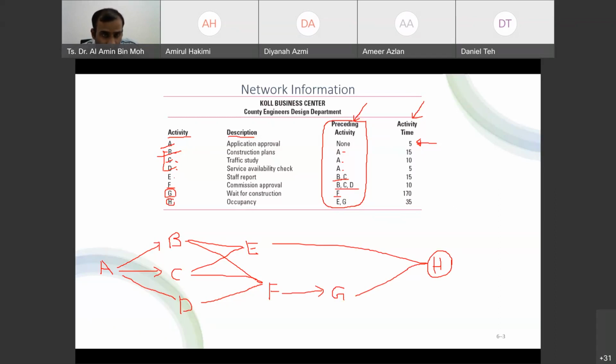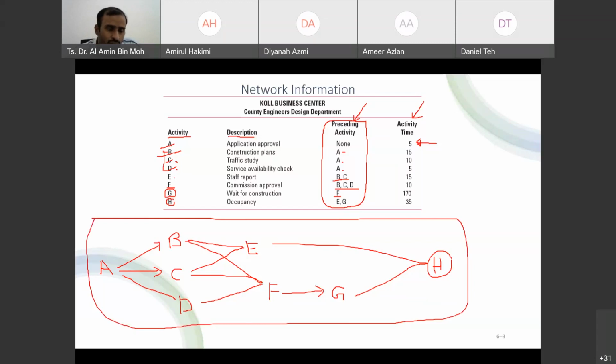If you couldn't do this first step, it's a total mess up. You can't continue further with the other analysis. So make sure you understand how to construct this, basically by referring to the preceding activity. This is an initial sketch for you to get to know what the flow will look like.